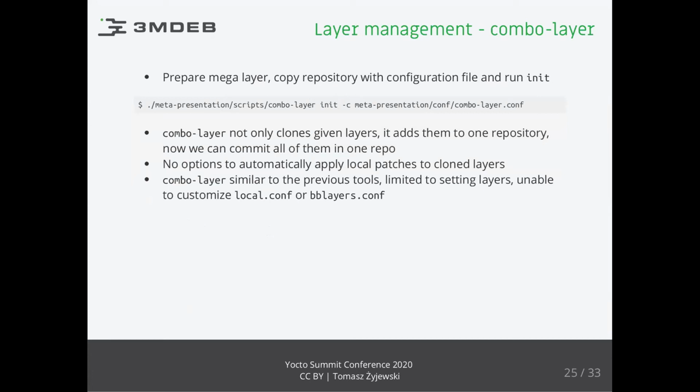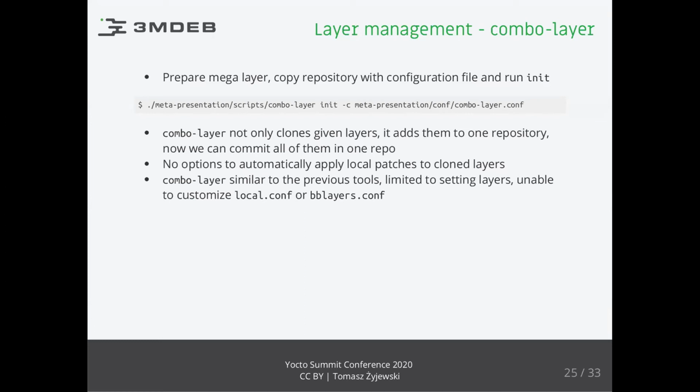When using combo layer, we do not so much prepare the layers to be built, but create a new combo layer as a repository, which we can then command and track the history of all layers inside as one. Compared to the previous tools, it is a powerful tool which, for example, through file_exclude allows you to choose which of the files you ultimately want to include in our combo layer.